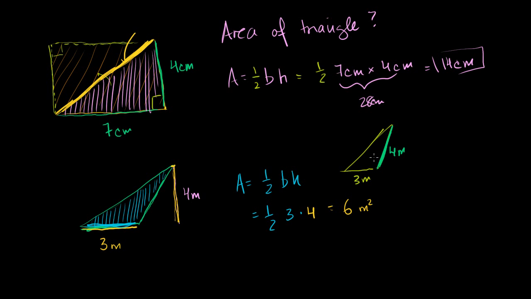In fact, you'd have to know some of the angles and whatnot to really be able to figure out the area, or you'd have to know this other side here. So this is not easy. You have to know what the altitude or the height of the triangle is. You need to know this distance. In this case, it was one of the sides, but in this case, it's not one of the sides. You'd have to figure out what that side right there on the right-hand side is in order to apply this formula.